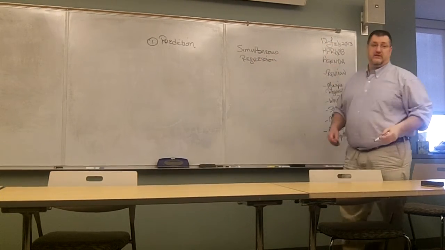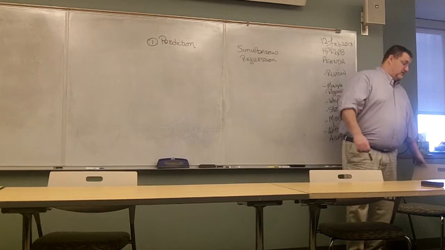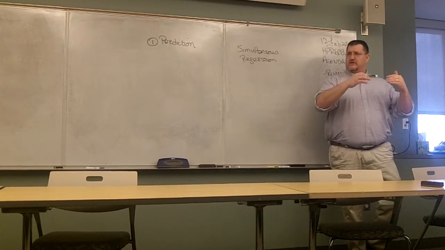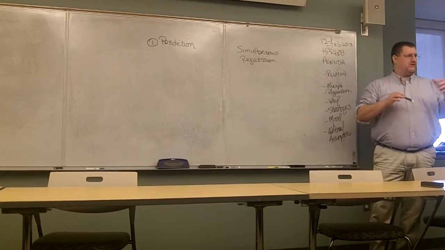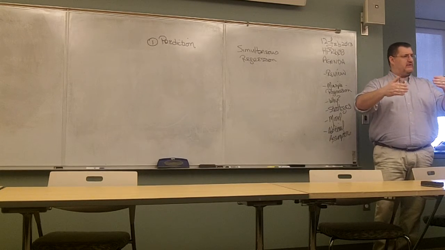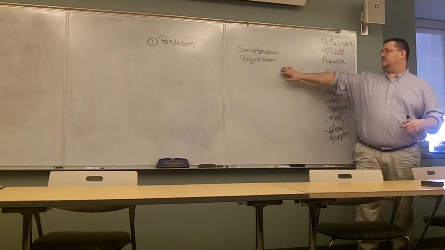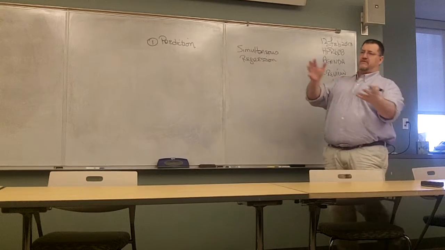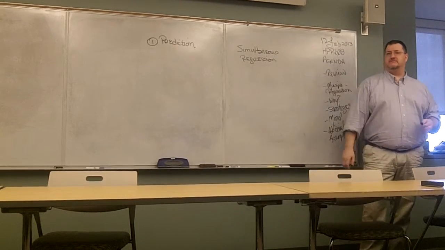In simultaneous regression, we don't do that stepwise thing that we referred to when we were doing partials and building that incremental R like we did with the semi-partial. In a simultaneous regression, all of the variables are put in there all at once.